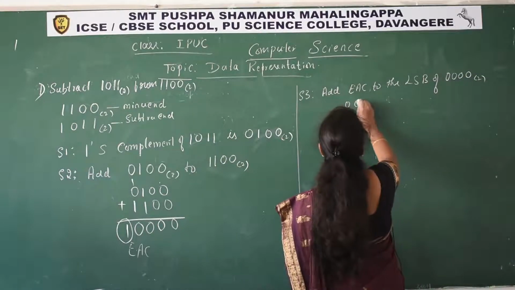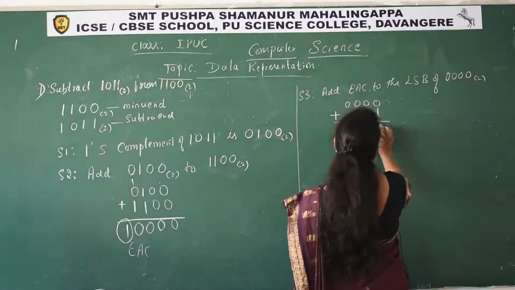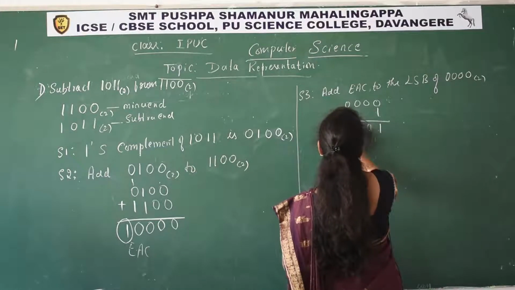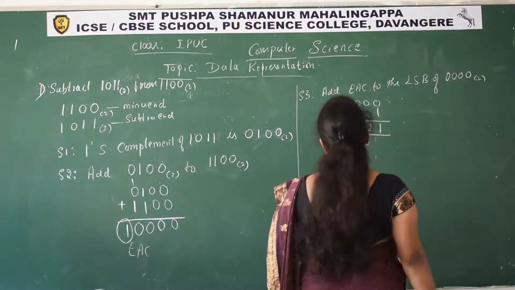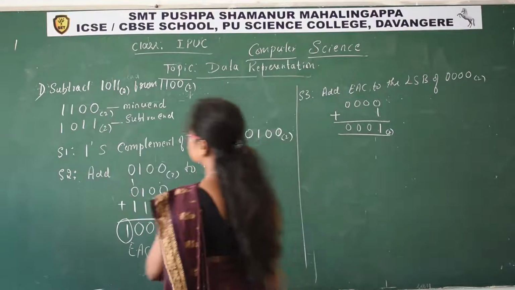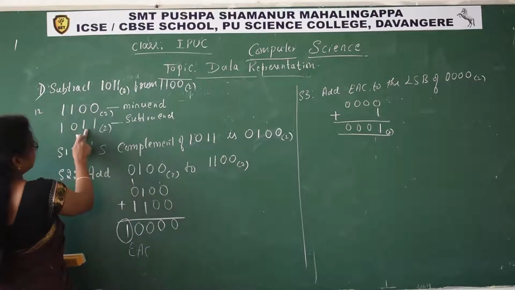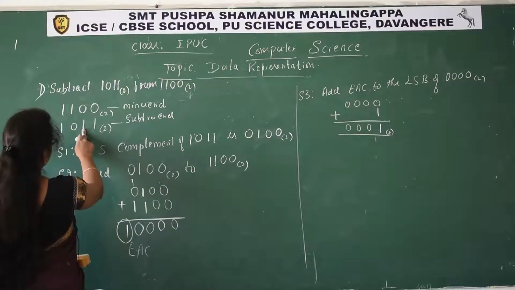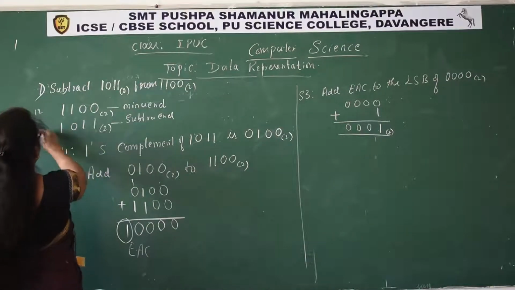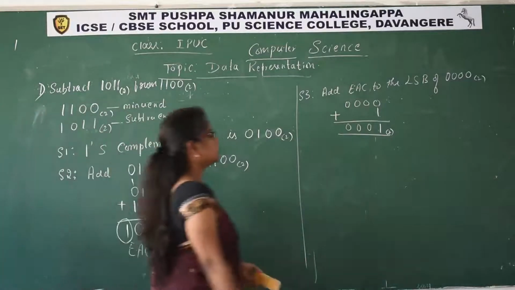How? 0000 plus 1: 0 plus 1 is 1. So 1 is the answer here. What is the number? 8 plus 4 is 12. 8 plus 2 plus 1 is 11. 12 minus 11, the answer is 1. So we got the same answer.